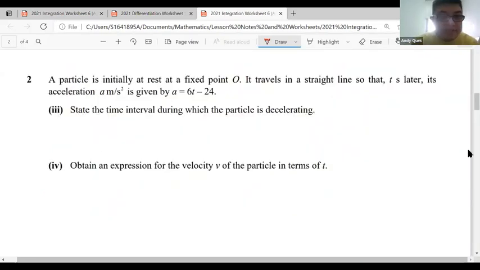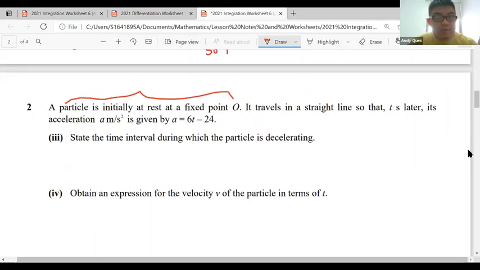So what the question here says is the particle is initially at rest at a fixed point O. How can I phrase this or use this information and form some statements mathematically? Well, I can say initially means when t is 0.